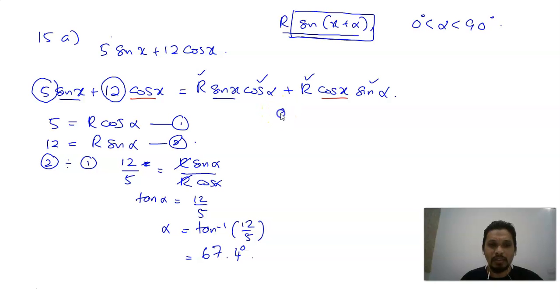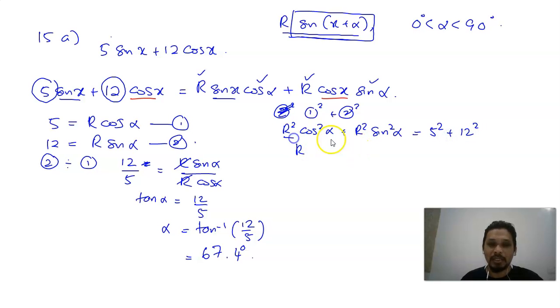Let's take equation 1 squared plus equation 2 squared. So r squared cos squared alpha plus r squared sine squared alpha equals 5 squared plus 12 squared.